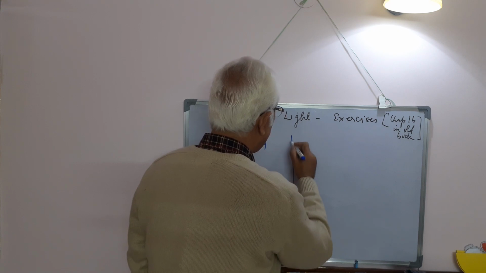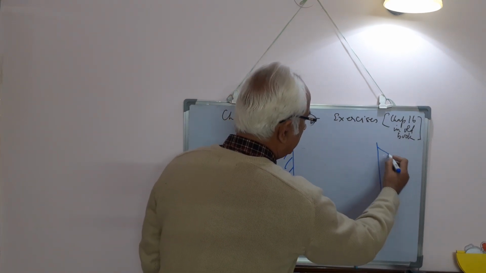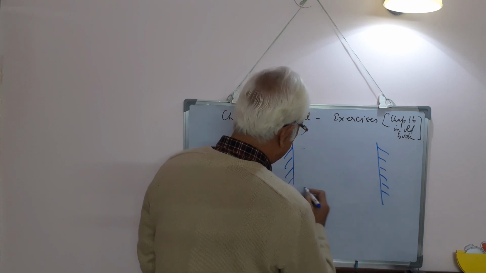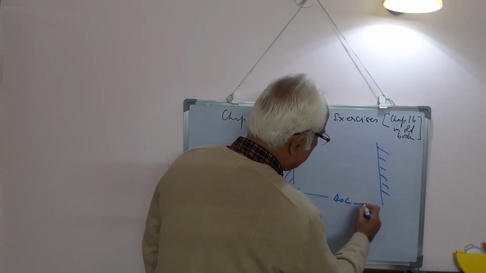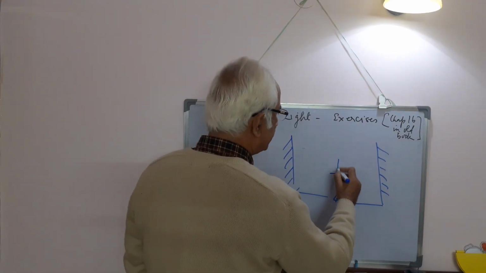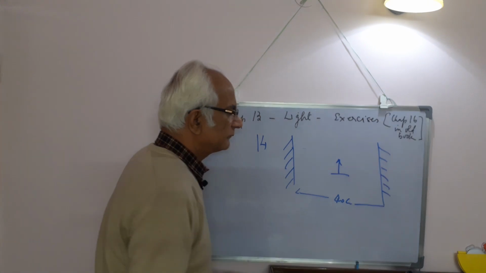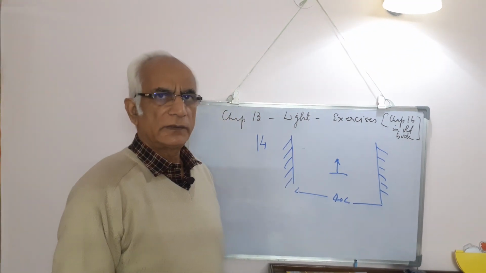So this is one plane mirror and this is another plane mirror, and the distance between them is 40 centimeters. And we place, let us say, a candle here. So how many images will be formed?